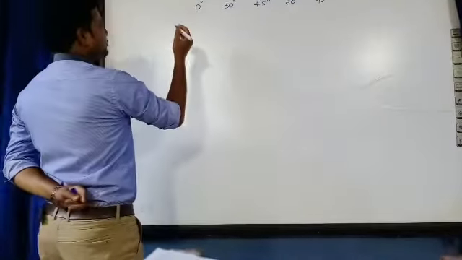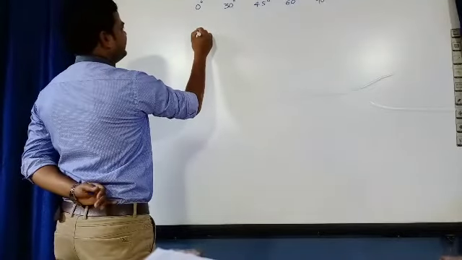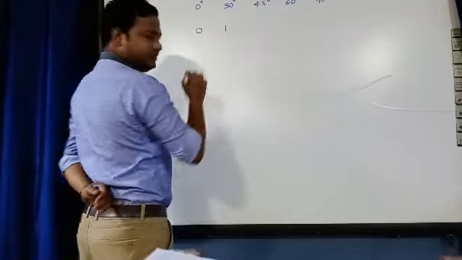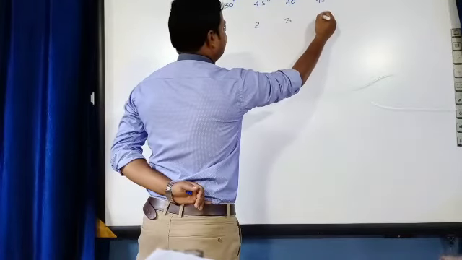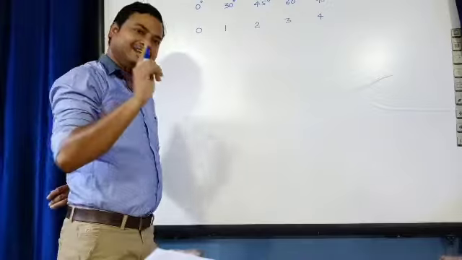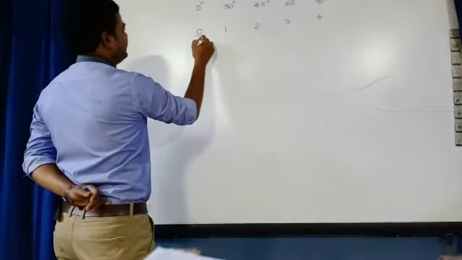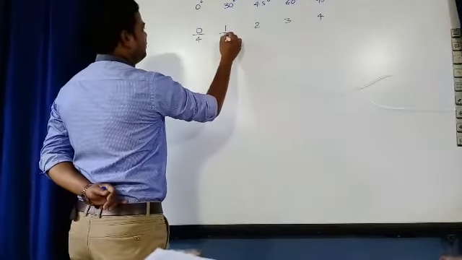Look what to do. Just write here 0, 1, 2, 3 as the first step. Now the second step: divide each term by 4.